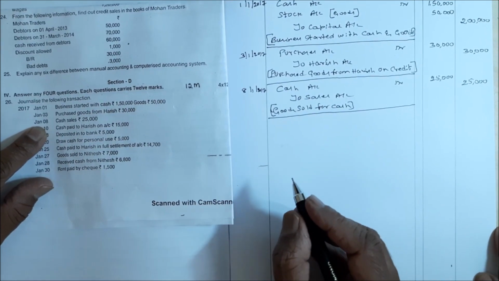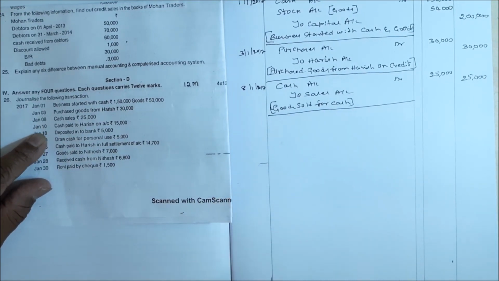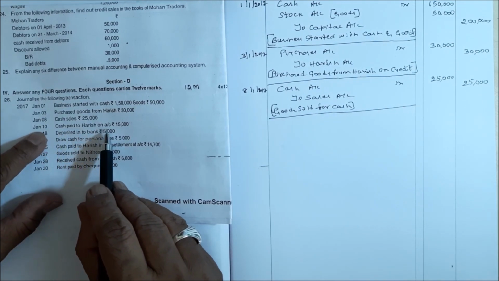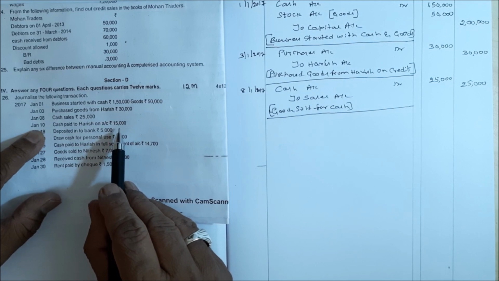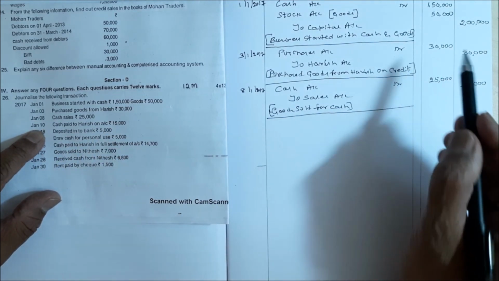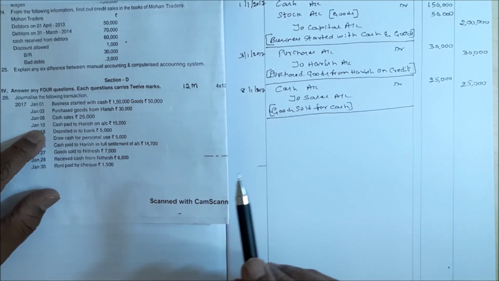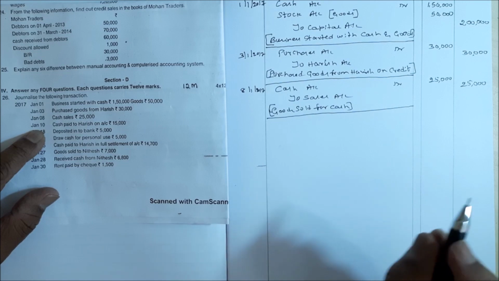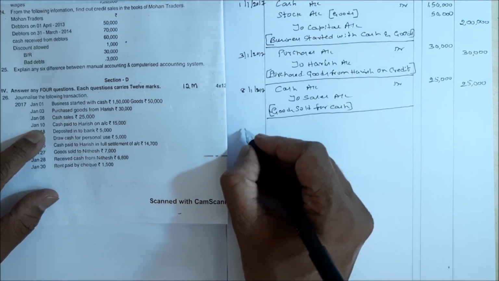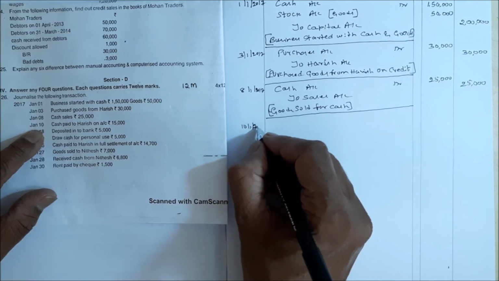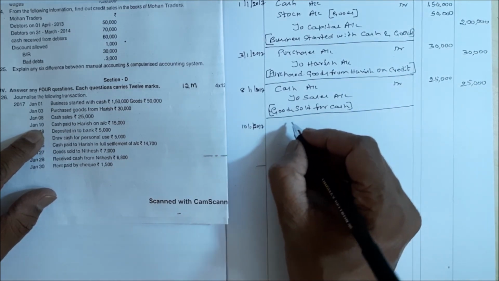Next, 10th, cash paid to Harish on account 15,000. So you should refer here. You have purchased goods from Harish earlier for 30,000 rupees. Now you are paying him 15,000 out of that 30,000. So which date? 10th. 10/1/2017.